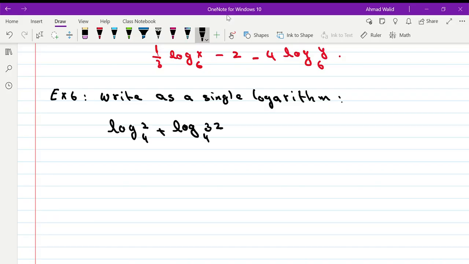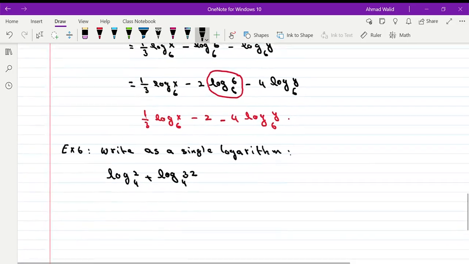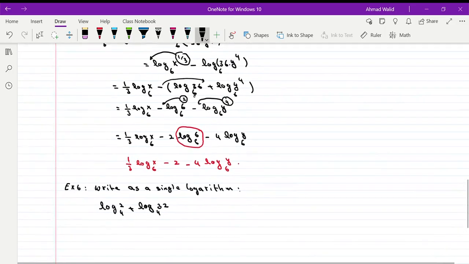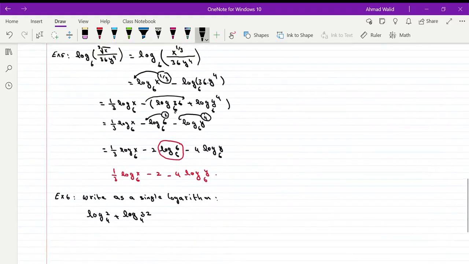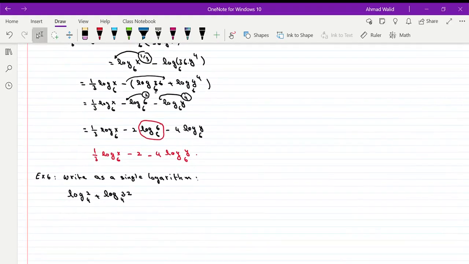When you write an expanded form as one single logarithm, you see I zoomed out my page a little bit. Actually, you are doing the steps from the bottom to the top. The problem isn't given in expanded form.